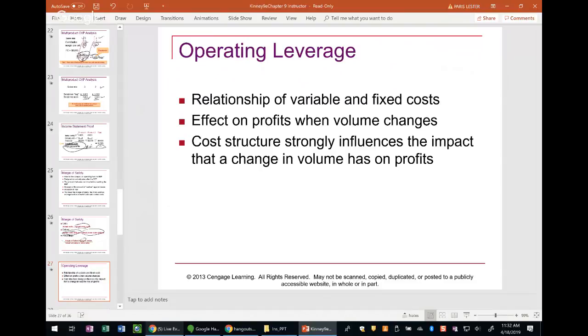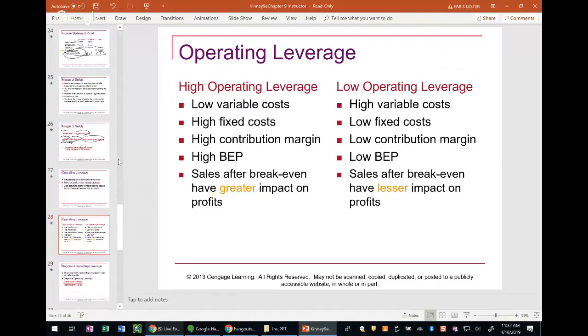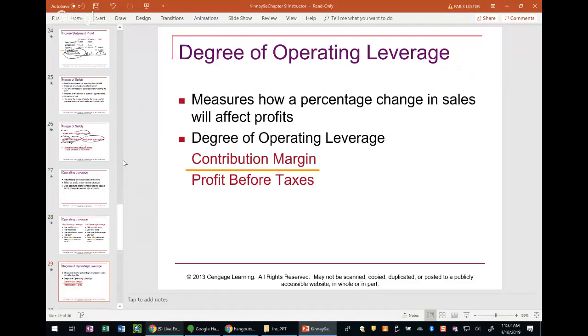Operating leverage. High operating leverage means low variable cost, high fixed cost, high CM, high break even. All right, here is your operating leverage formula. You're going to have this on a test.